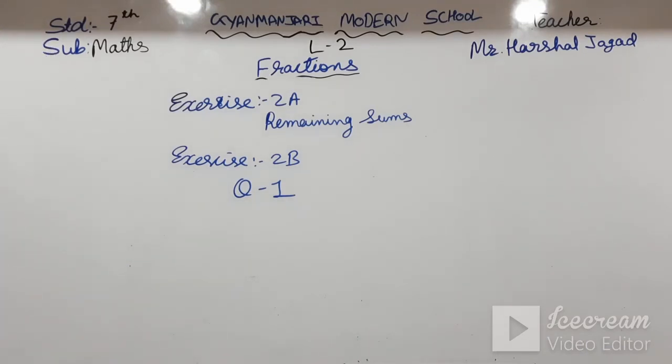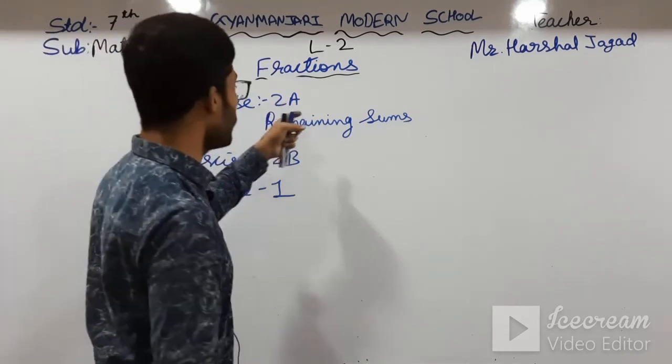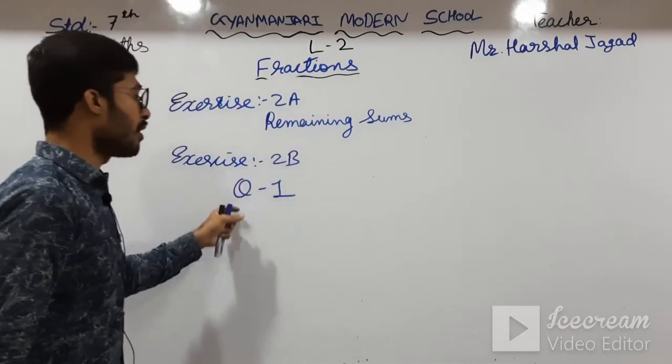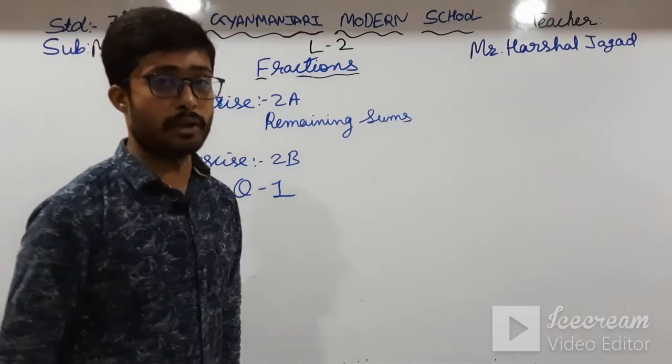Both of these you have to do. From exercise 2A you have to do the remaining sums in your fair book, and in exercise 2B you have to do question number 1 in your fair book.